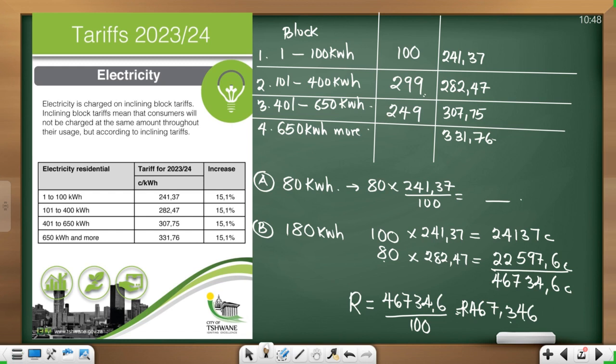So I'm checking the second decimal, which is 4. The number after the 4 is bigger than 4. If it's a 5, 6, 7, 8, 9, we round up. That's why we get 467,35. Let's look at more examples on this.